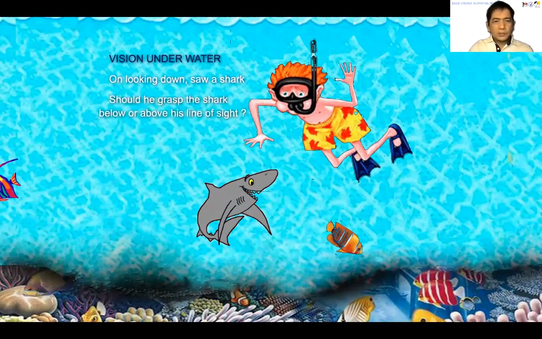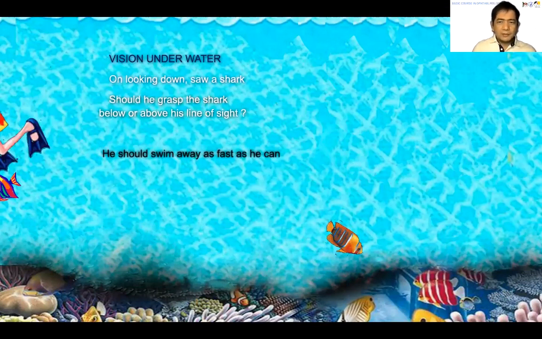Should he grasp the shark below or above his line of sight? Is there really a refraction if he and the shark are both underwater? Well, he should swim away as fast as he can. So in this illustration, because they are both in the same index of refraction, there is no refraction happening.